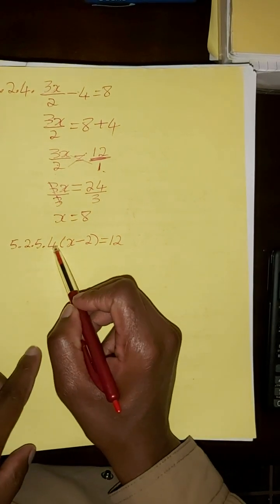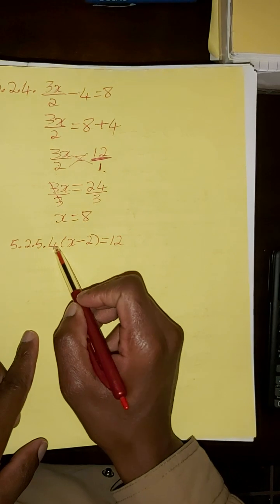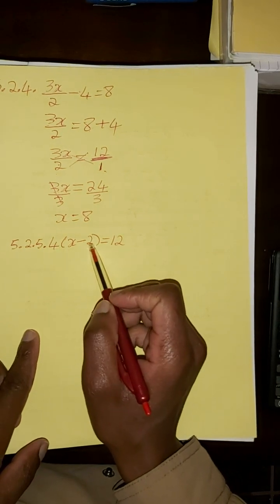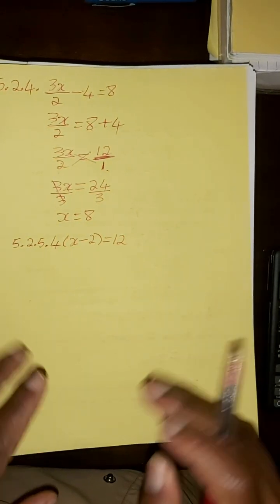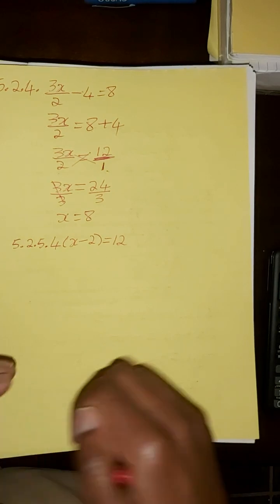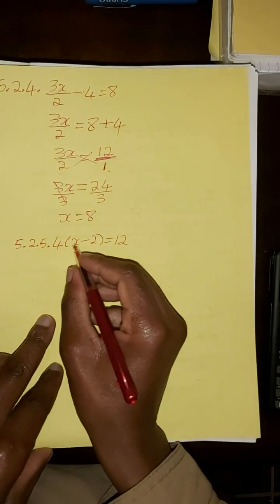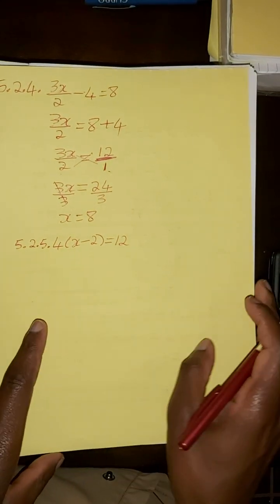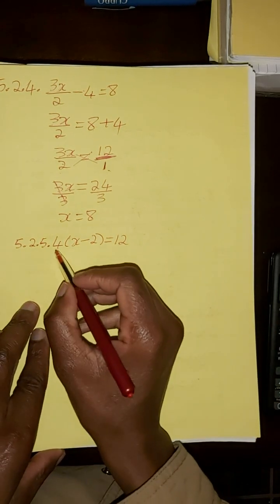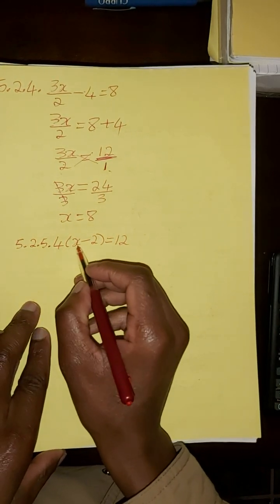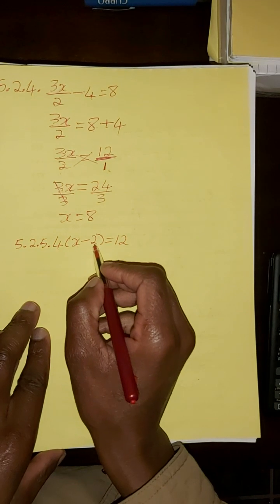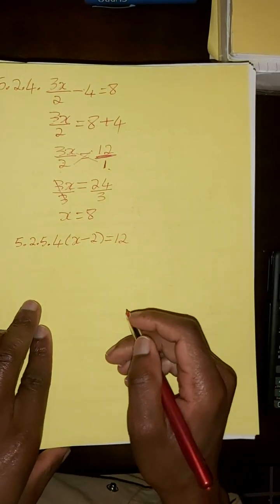So I'll take this 4 multiplied with x, then take the 4 again and multiply it with negative 2. So let's do that first and then proceed as we go to our final solution. So what is outside the bracket is multiplied with what is inside the bracket for us to remove the bracket.